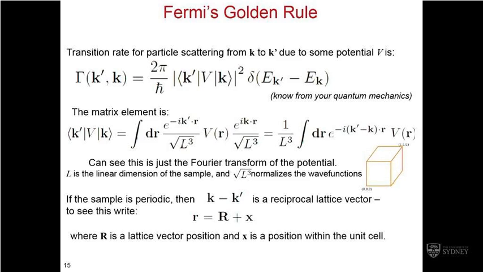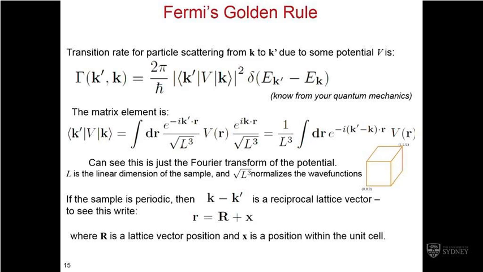Okay, so what we do here is assume that we have a plane wave form for the incident wave and the scattered wave. So e to the i k dash dot r over here for the scattered wave, and for the incident wave over here. The L is just a normalization constant. Okay, so when you go through that, we end up with this expression here, which you can see is of exactly the same form as the Fourier transform.